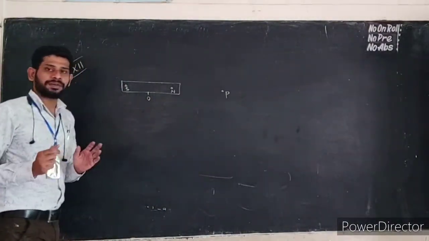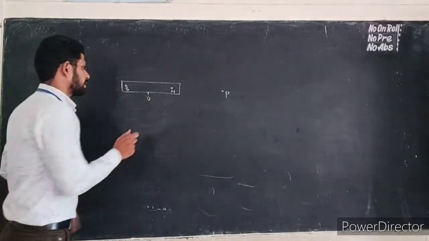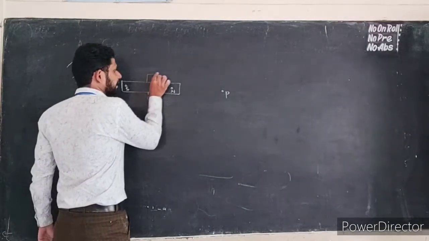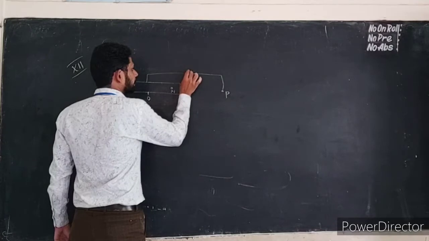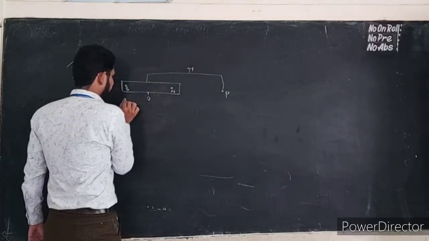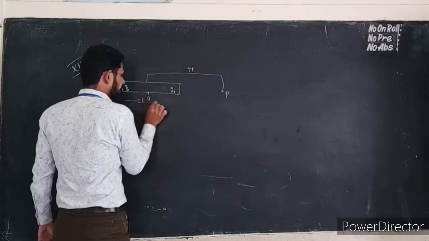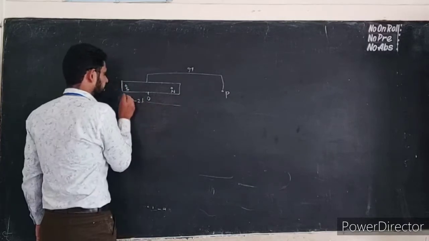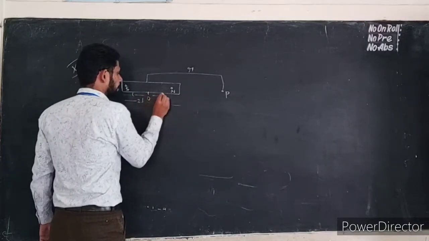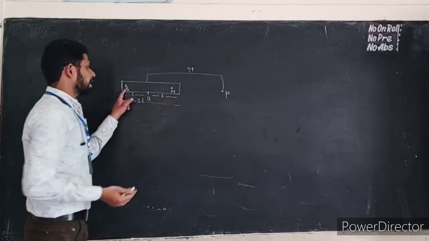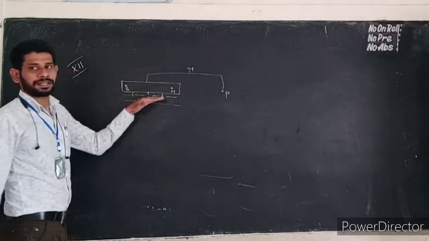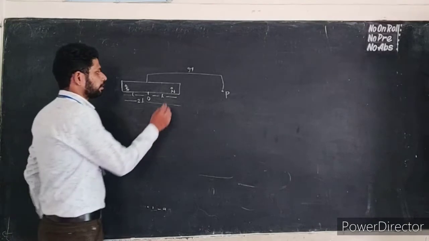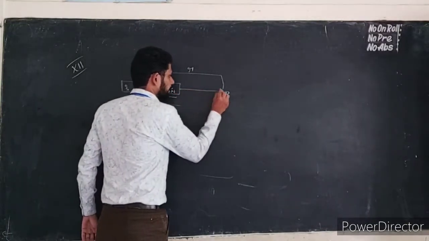Same as whatever you did in the first lesson. From the center, the distance of the point P will be, let it be r. The length of the magnet will be 2l, so here l and here l. From the north pole to the south pole, the magnetic field lines move inside the dipole, the magnetic moment.